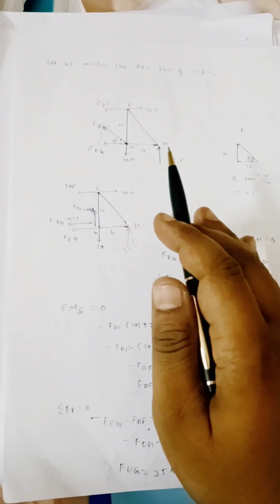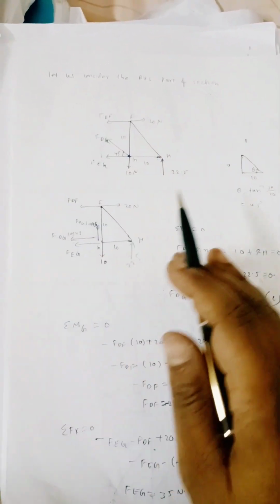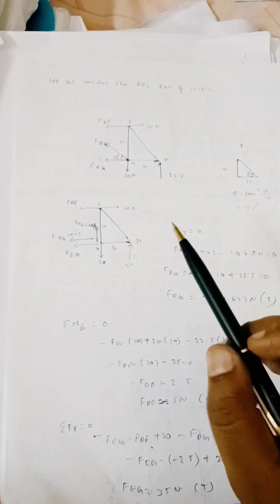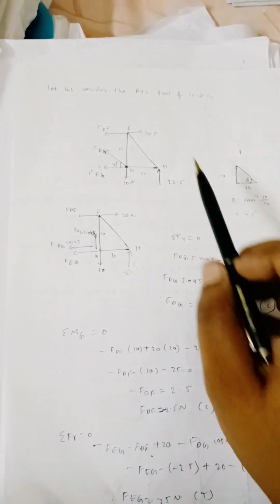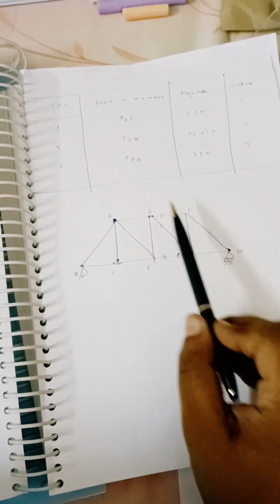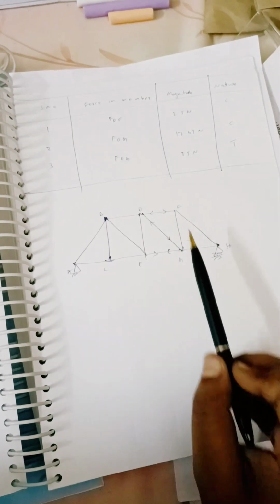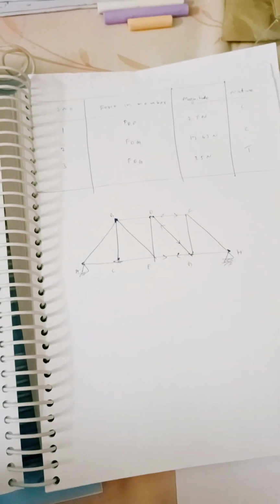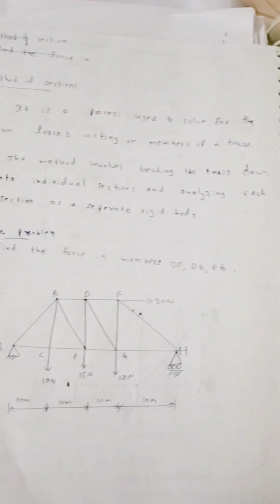I have taken the right side portion so that the analysis will be simple. For this whole portion, I am applying equilibrium equations and I have found the forces in these members. I have shown them in the table and on the truss also, compression and tension. There ends the problem.